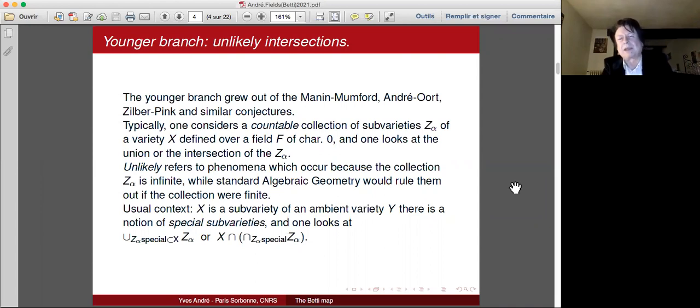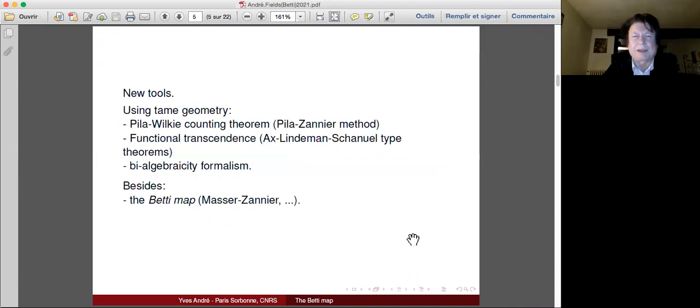And one is looking for either the union of all special subvarieties of Y which are contained in X, or the intersection of X with some special varieties. Maybe it's not properly written, but I hope it's clear what I mean.